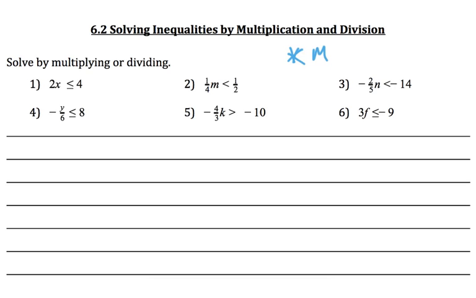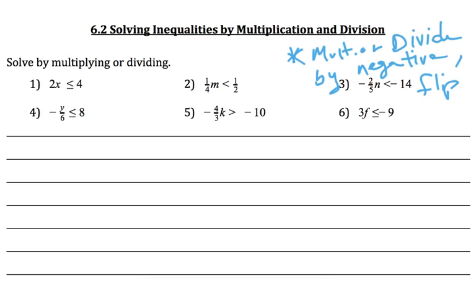So when you multiply or divide by a negative, you have to flip the direction of the inequality. So you can think of that as like flipping the sign, but if I say sign, I'm probably thinking positive, negative. So yeah, go ahead and write that down. And then we'll move on to see what happens when we do problem 3.